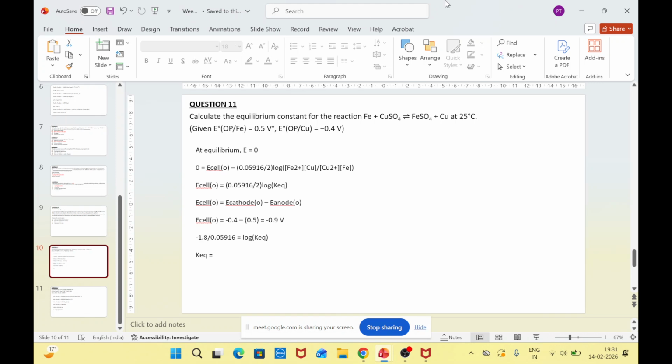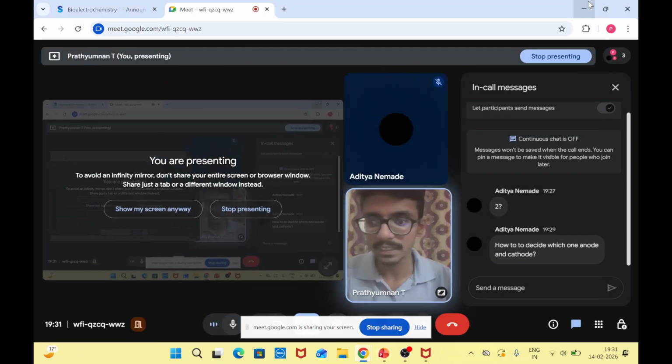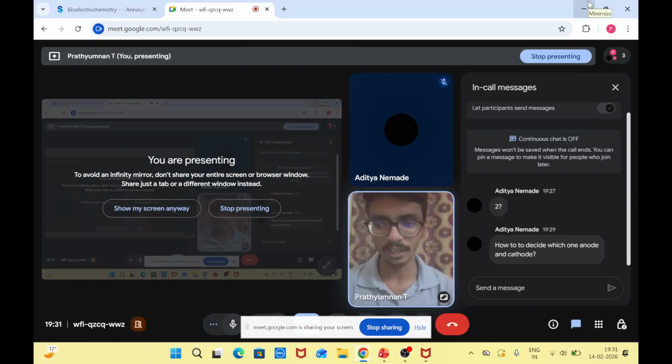Based on the potential values, you can say which one can be used as an anode and which one can be used as a cathode, or which one has the higher ability to undergo oxidation and which one has a higher ability to undergo reduction. Based on that, you can decide which is a cathode and which is an anode.